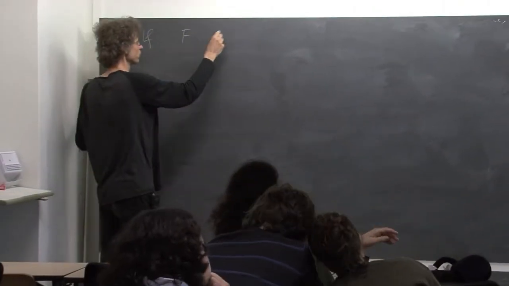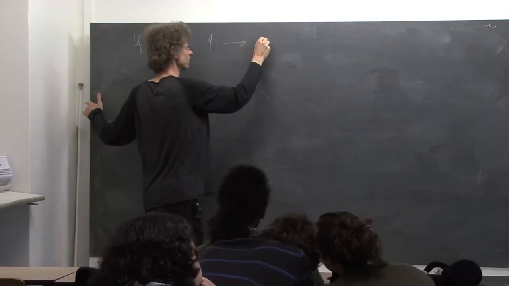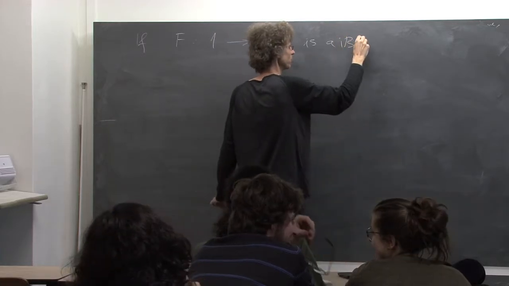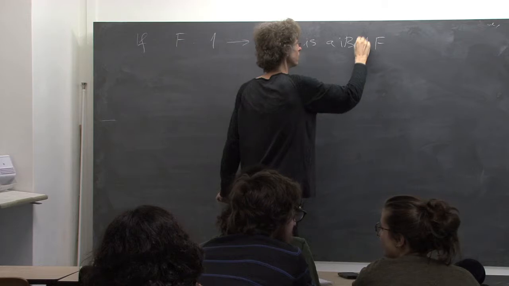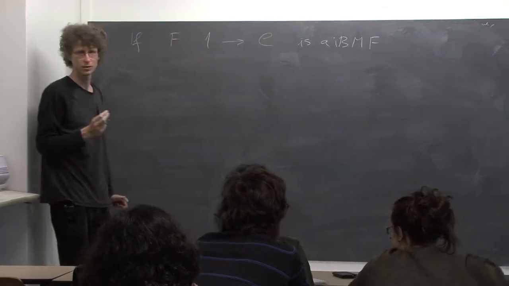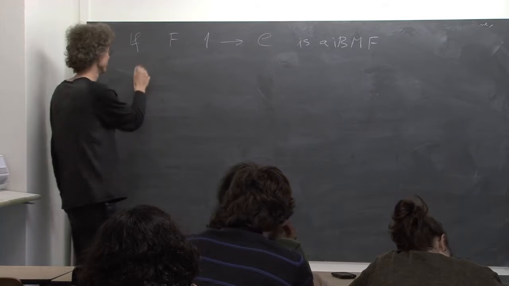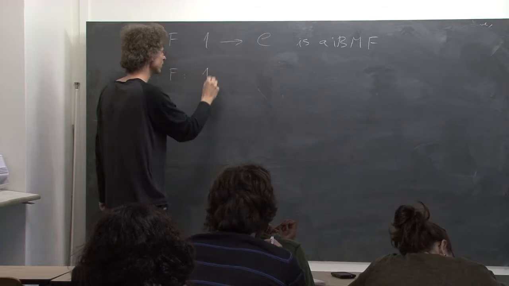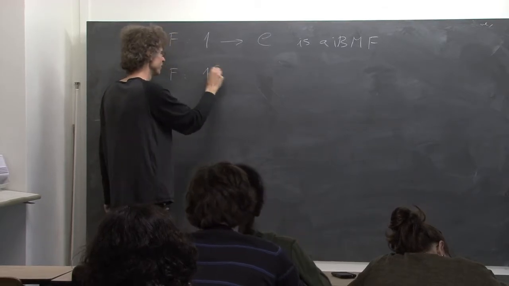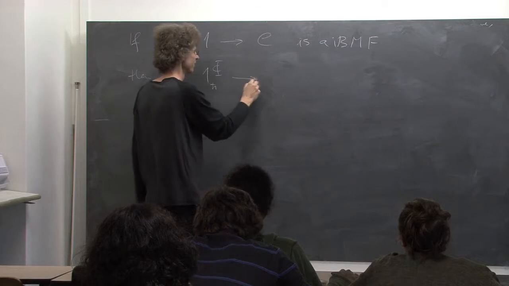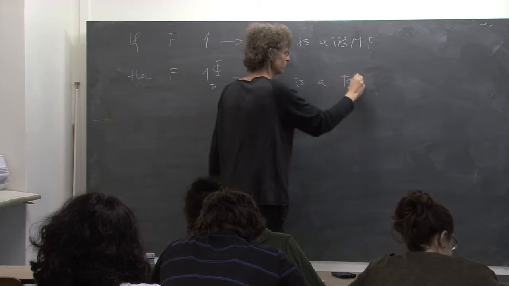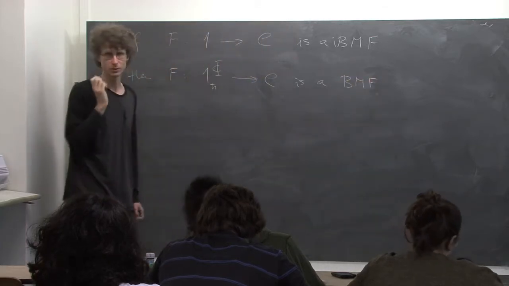And now suppose we have a functor going from this 1 to C that is an infinitesimal braided monoidal functor. And what happens if I apply there this phi thing? Then the same f, but going from 1, I should put this h bar and phi, going to C, is just a braided monoidal functor. There is nothing infinitesimal anymore.